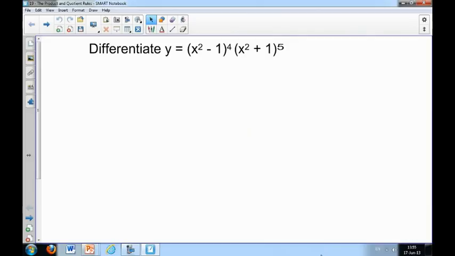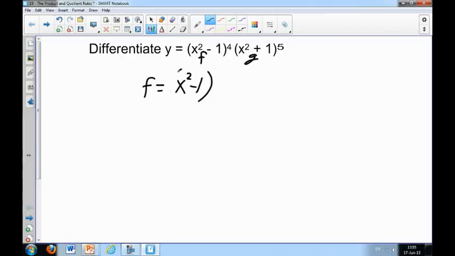And when we do this, our f is going to be the first one, and our g is the second one. So we define f as x squared minus 1 to the 4th power, and our g is x squared plus 1 to the 5th power.